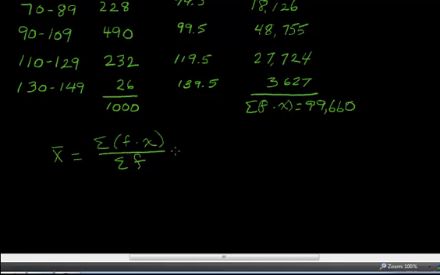How many people were in the sample? So our total here was 99,660, and that was out of 1,000 people. So we get 99.66. So this is the mean of this frequency distribution.